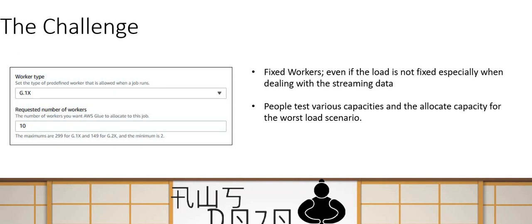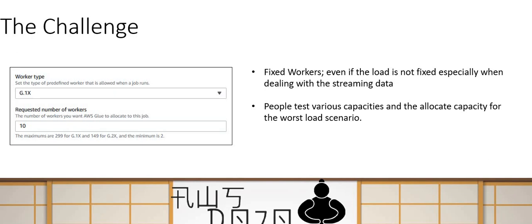Even if you're not handling streaming data, even if you're handling non-streaming data where files or data are captured from databases, sometimes the files are small, sometimes the files are big. For instance, I'm trying to ingest daily sales from my ERP system. My daily sales is not fixed. It will probably be high during weekends or some particular days in the week, and low on other days.